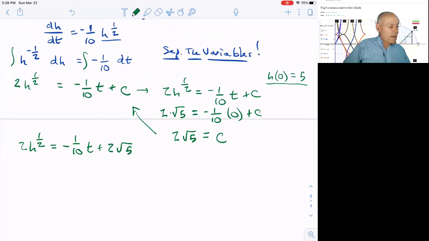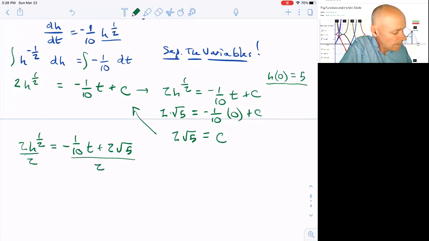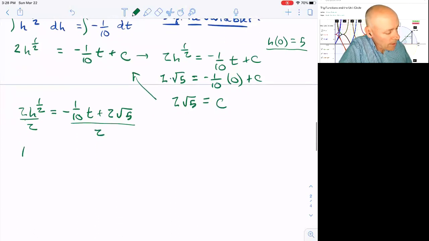And now I just have to solve for h. So I'm going to divide both sides by 2. I get h to the 1/2 is equal to this hot mess: negative 1/20 t plus square root of 5.